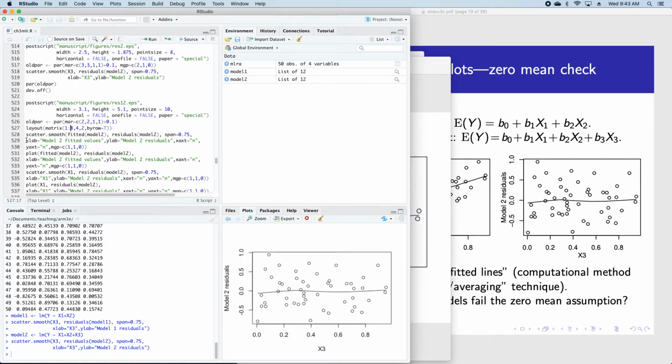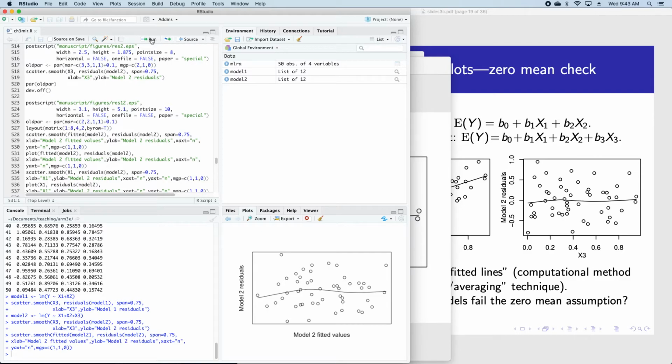Okay, so let's look at the plot with the fitted values on the horizontal axis. I've got the lowess smooth here again to help me with my zero mean assumption. Stays pretty close to 0, it's good. Variability across the plot is good. No strange patterns that suggest lack of independence.